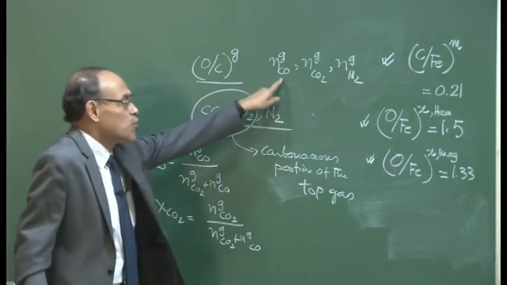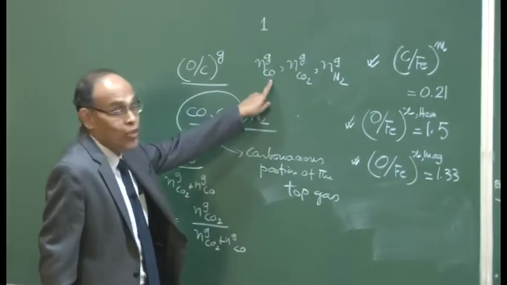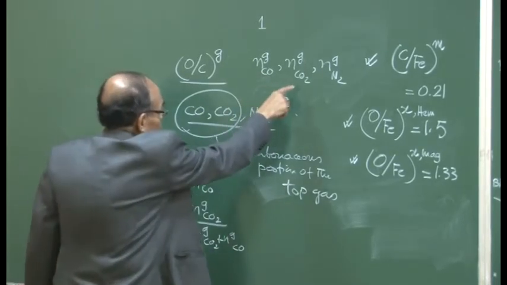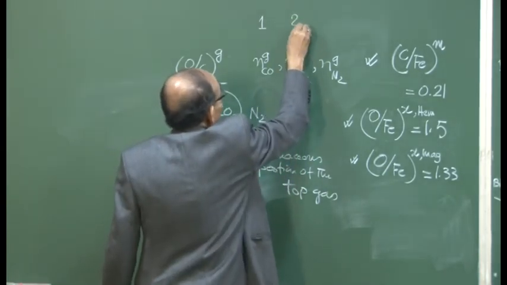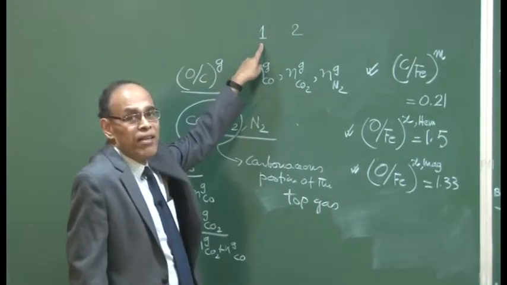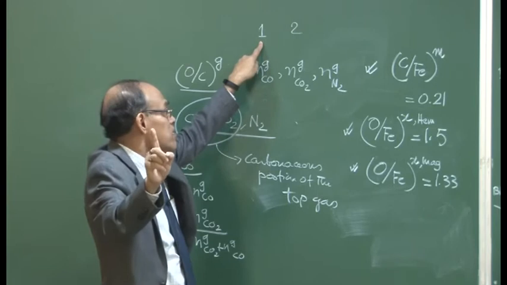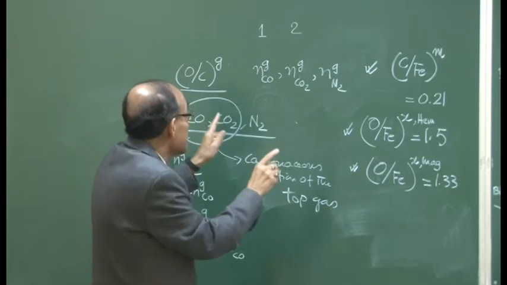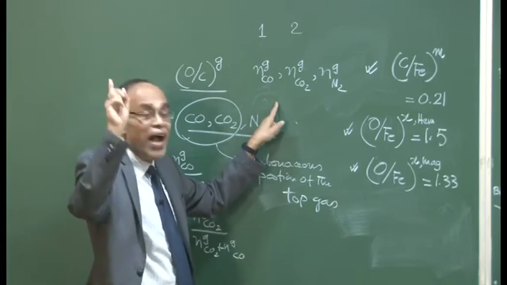Now, in CO, the O by C ratio is 1, because it is not O2, it is O as the basis of moles of oxygen. In carbon dioxide, the formula suggests that the O by C ratio is 2. So, it is understood that the limiting minimum value of O by C possible conforms to 100% CO in the carbonaceous portion of the top gas, not the total gas.